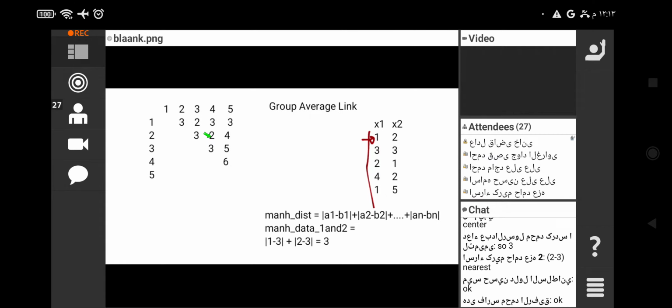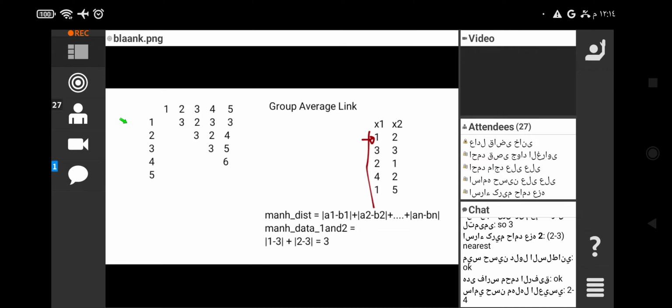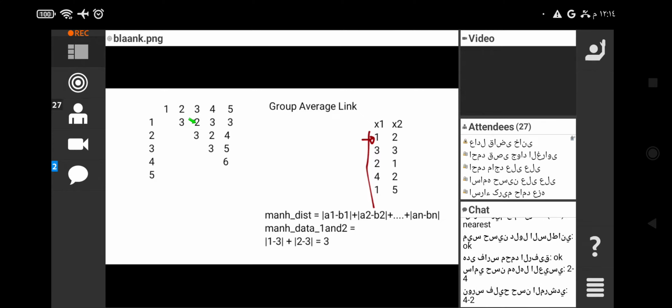The distance between 2 and 3 is 3, but the distance between 1 and 3 is 2. So we can select 1 and 3 or 2 and 4. Both of them, the distance is 2. So I select 1 and 3.